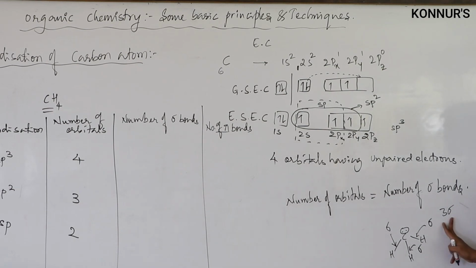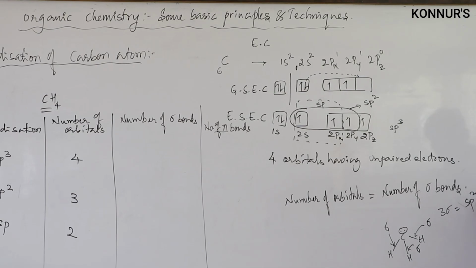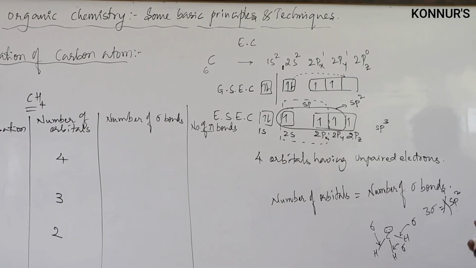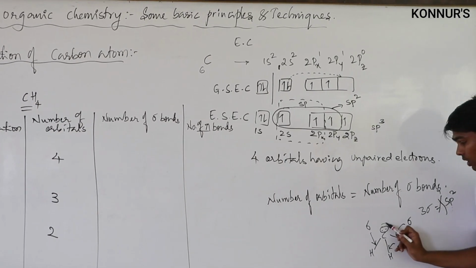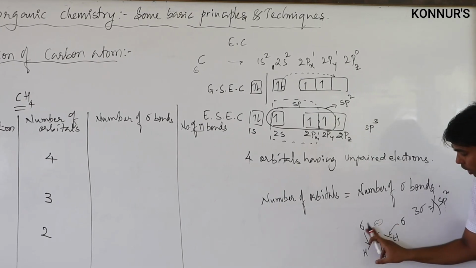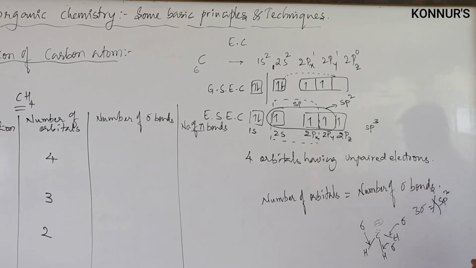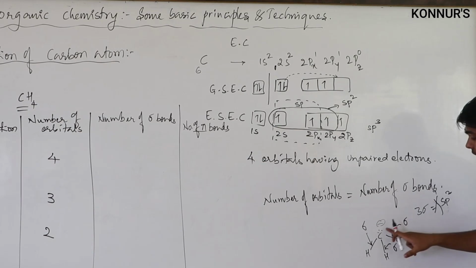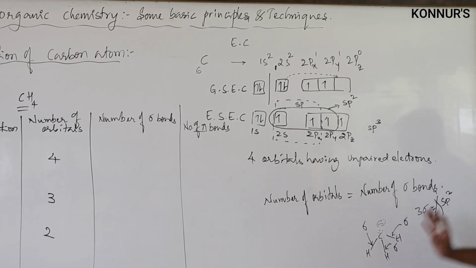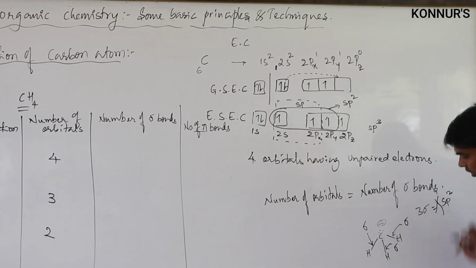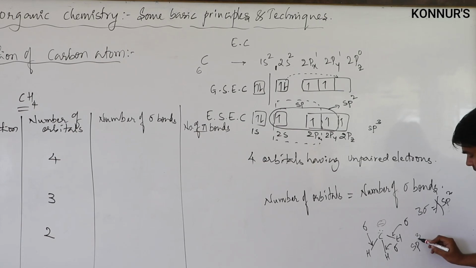Since 3 sigma bonds are there, we should not call it sp2 hybridization. That is a wrong answer. Since it also has 1 pair of electrons on the carbon, that also acts as 1 orbital. So P1, P2, P3, that is sp3.